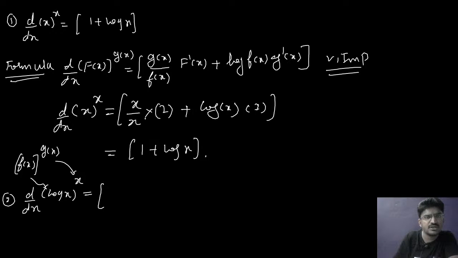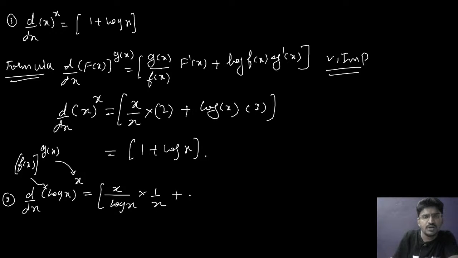So from this, you just write this. g of x divided by f of x, that will be x divided by log x. Differentiation of f dash of x: what is the differentiation of f of x? f of x is log x, so the differentiation of f of x will be 1 by x.